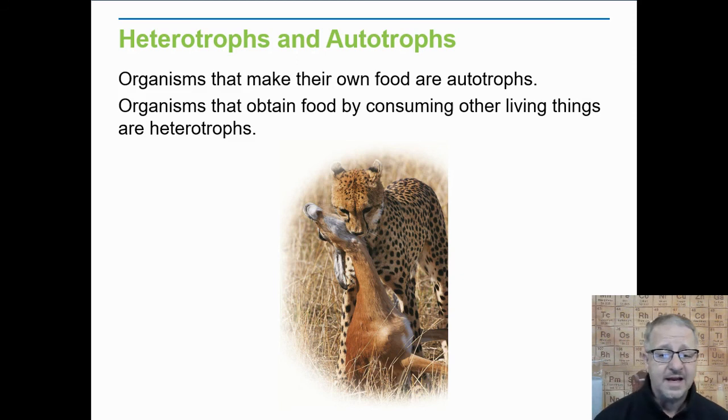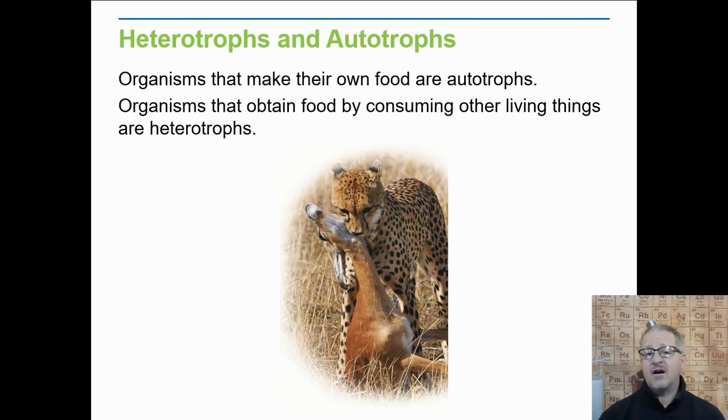They use the sunlight's energy to convert molecules into sugars and starches and lipids and those sorts of things. So the cheetah, or the jaguar, or whatever this is, actually, I think it might be a cheetah now that I think about it, is going to consume sugars and lipids and all those carbohydrates from the deer that had eaten all of the plants.